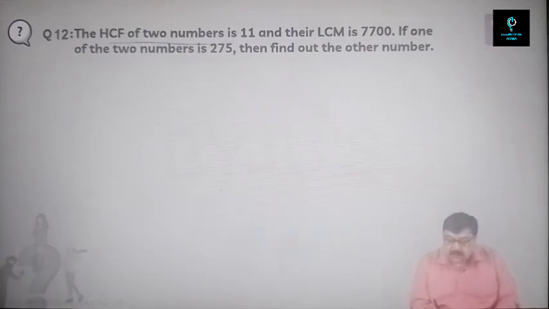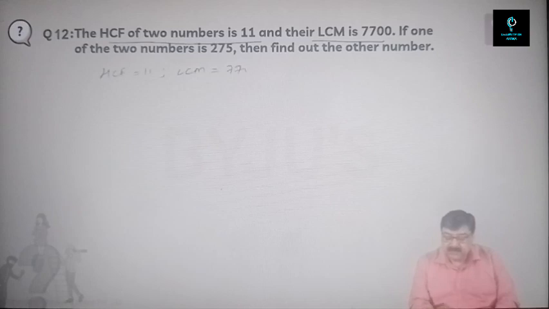Now if the HCF of two numbers is 11 and their LCM is 7700. So HCF is 11, LCM is 7700. If one of the two numbers is 275, so let us say the first number here is 275 and we are supposed to find out the second number. It says find out the other number.